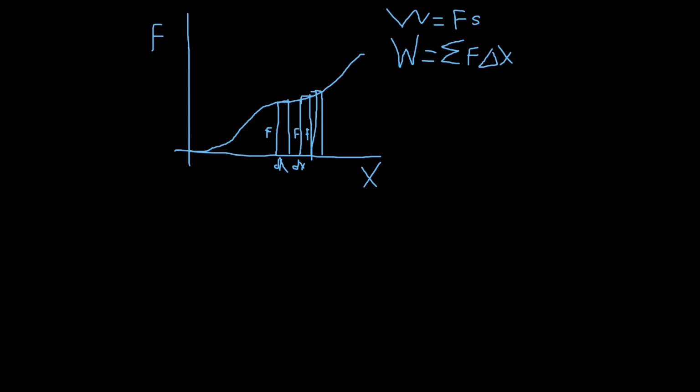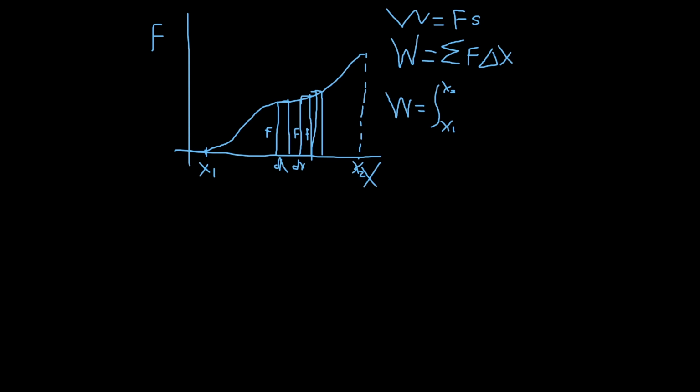To find this, we would take the integral: work equals the integral from x1 to x2 of force times dx. So for example, x1 starts here and x2 will end right here.